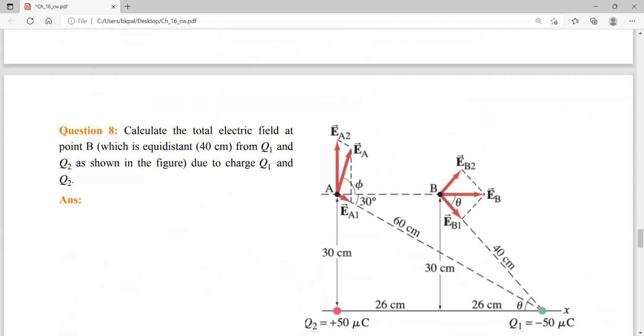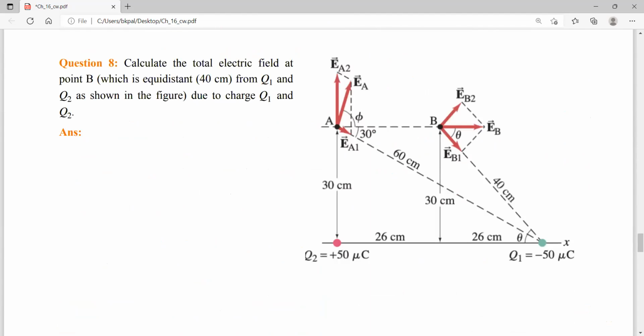All right, and this is the last question. It's very similar to the last problem. In the last problem, we calculated the electric field at point A. Now we are going to calculate the electric field at point B, for the same setup.